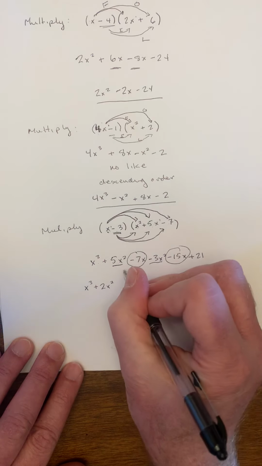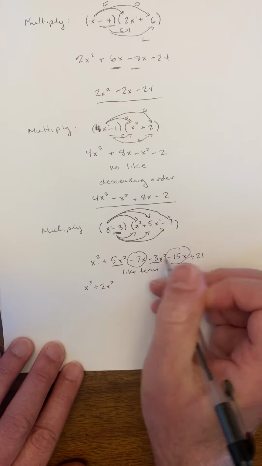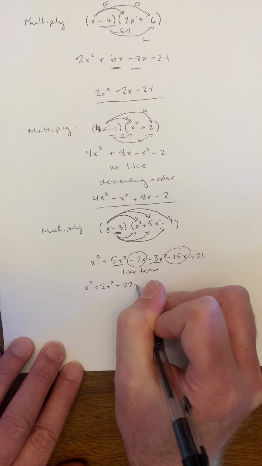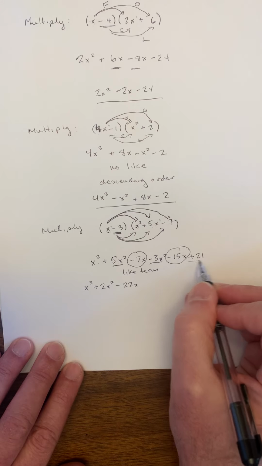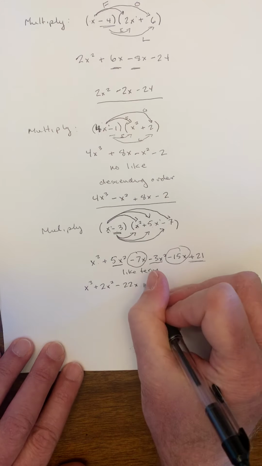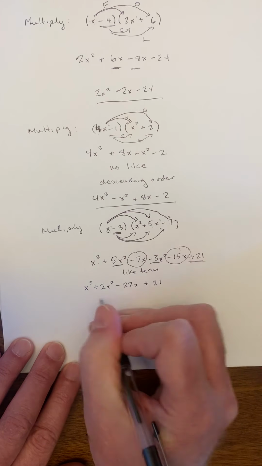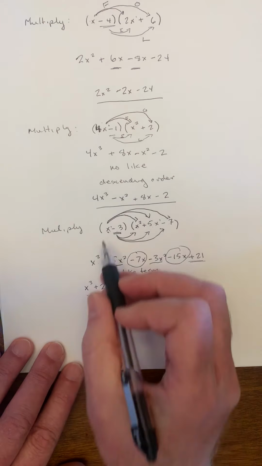Those are like terms. And so negative 7 and negative 15 is negative 22x. This last term, 21, has no other constant terms, so we have plus 21. So there is my complete double distribution.